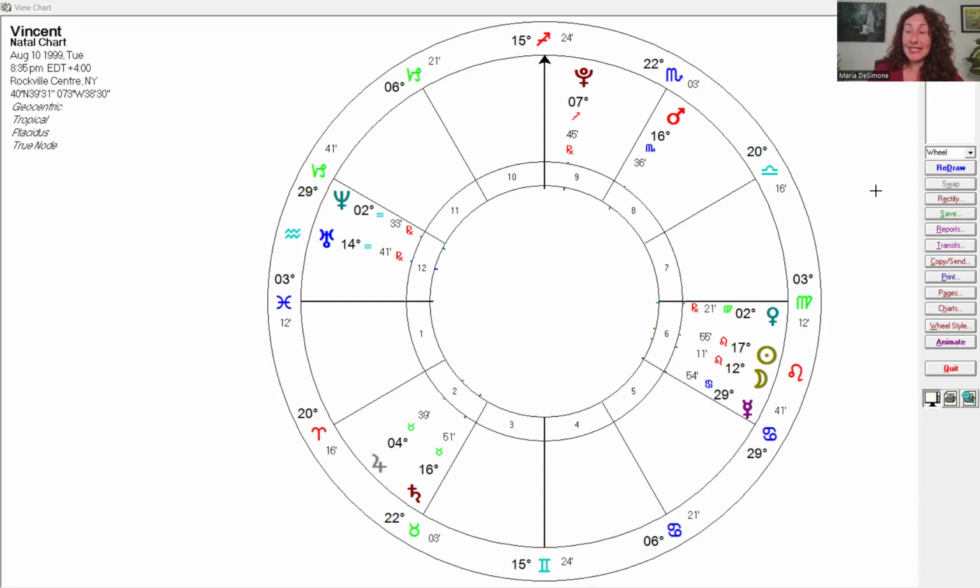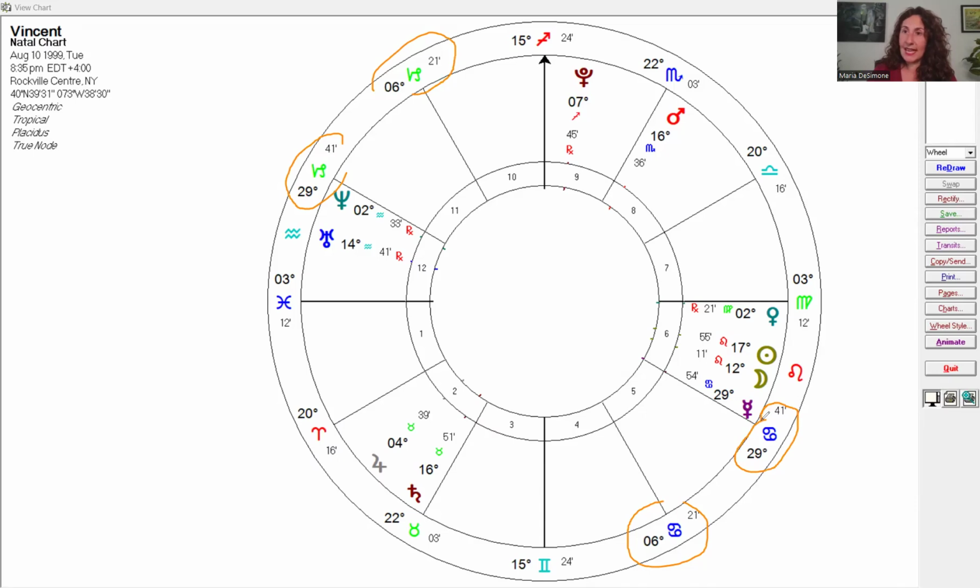So what we're going to do first is define an interception. Now, I'm going to show you here. First I want you to look at his 11th house cusp and his 12th house cusp. And you're going to notice that they both begin with Capricorn. I want you to look at his 5th house cusp and his 6th house cusp.